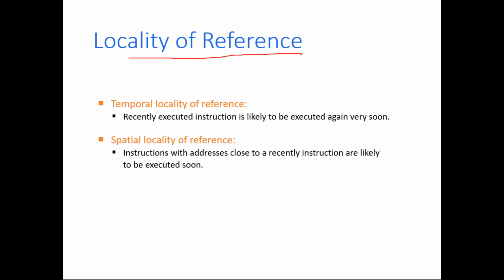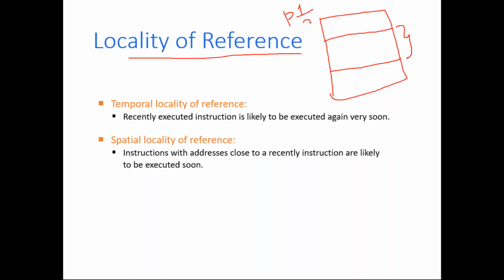The concept of locality of reference says that if you take a typical program or a process, there may be certain statements in that program which are used more frequently than the other statements. Say this is a particular process, I'll call it P1. Say this process contains 100 lines, from line 0 to line 99.